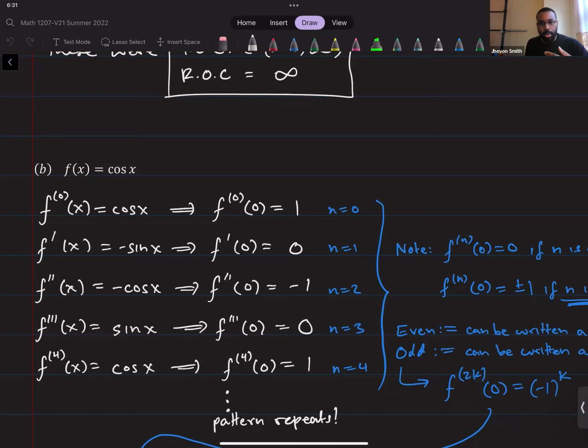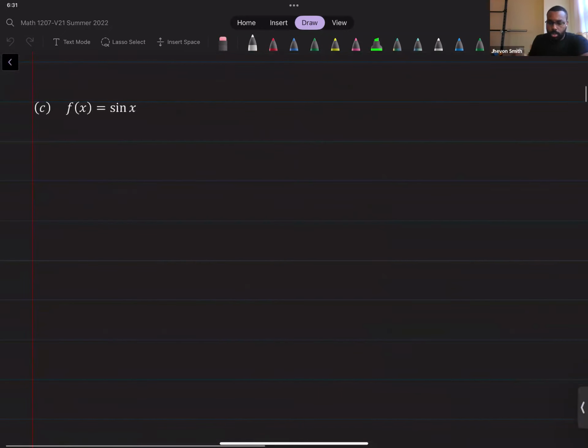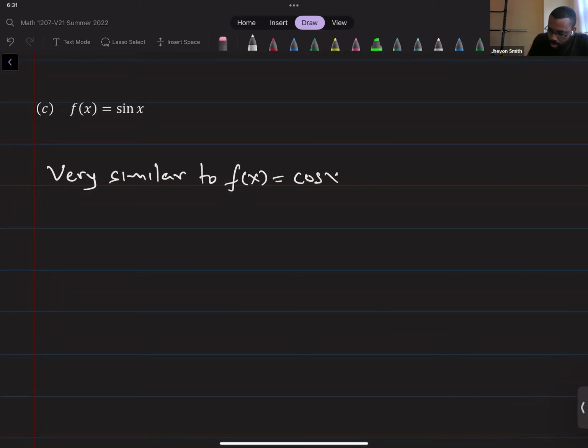So you get a very similar thing, it's just that now you have the odd integers instead of the even ones. So this is very similar to f of x equals cosine, except we have non-zero coefficients on the odds.